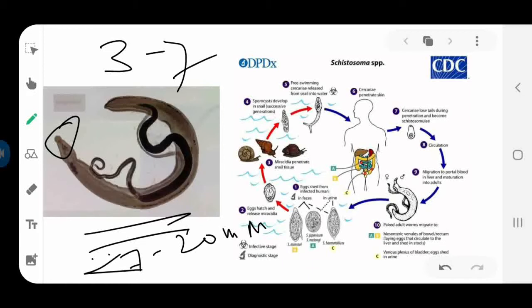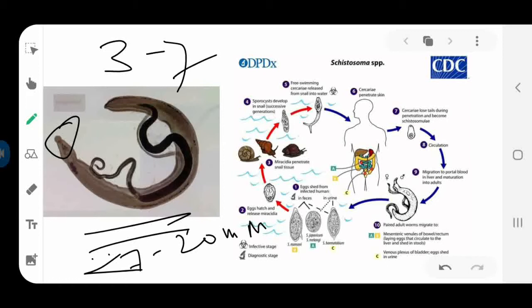Now let's talk about the life cycle of this species. In the human host, eggs containing miracidia are eliminated with feces or urine into water. In water, the egg hatches and releases miracidia. The miracidia swim and penetrate a snail, the intermediate host.